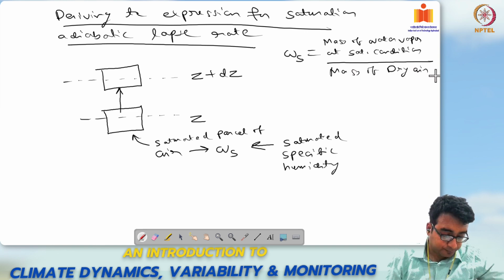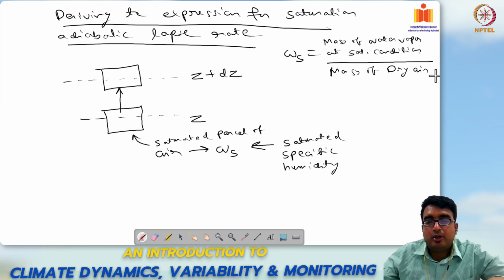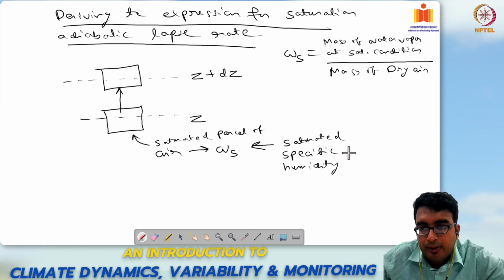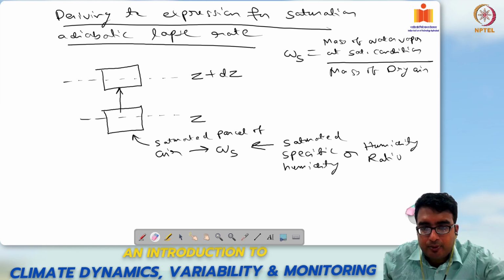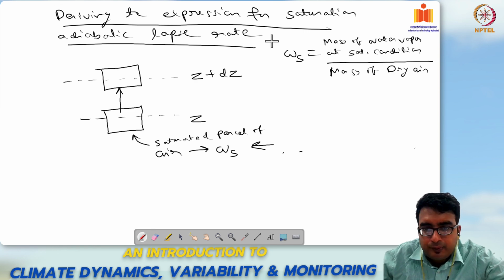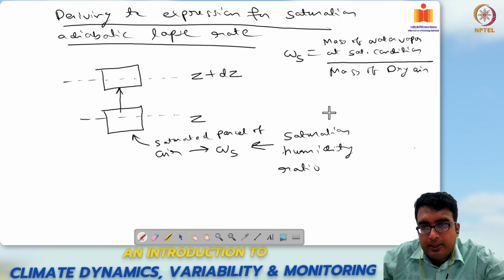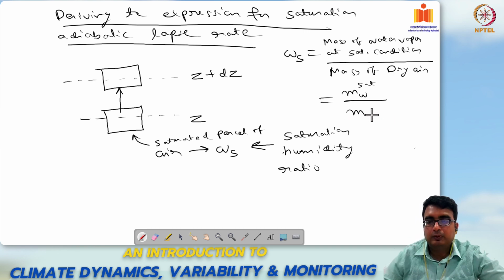This is also called the humidity ratio. Better to write this as saturation humidity ratio for now. So basically, m of water under saturation conditions by m of dry air.